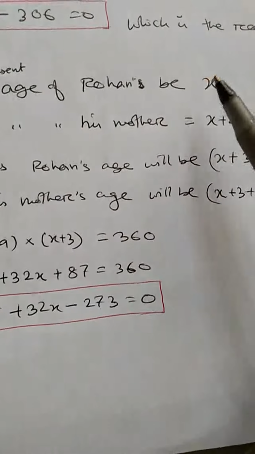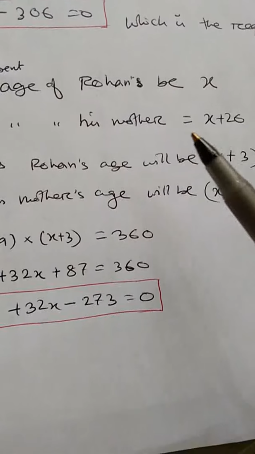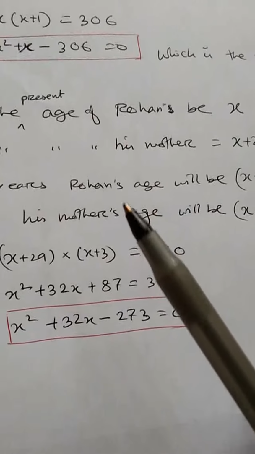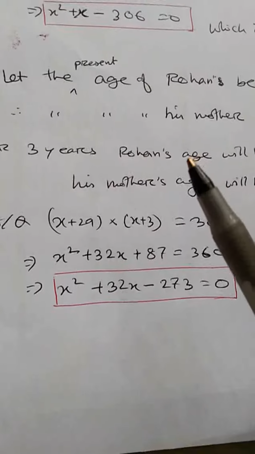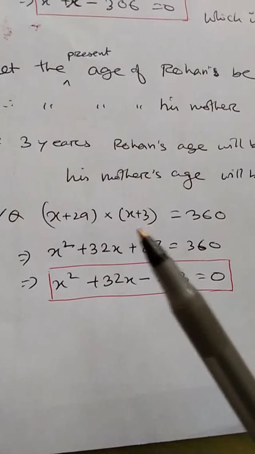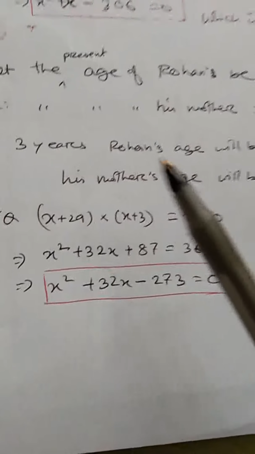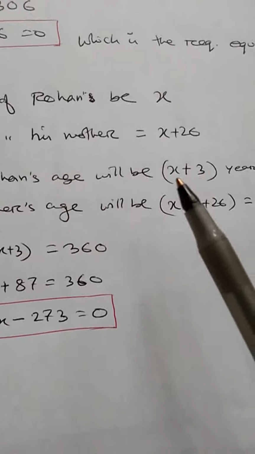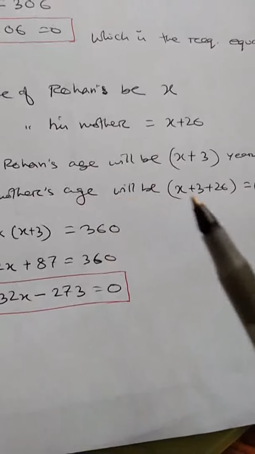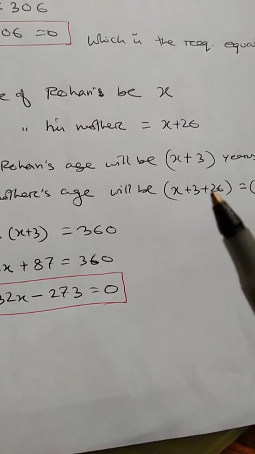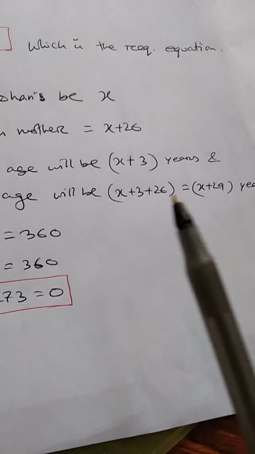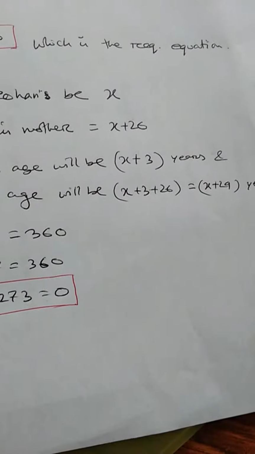So if Rohan's age is x, then his mother's age will be x plus 26. And it's given that product of their ages after 3 years will be 360. So after 3 years Rohan's age will be x plus 3, and his mother's age will be x plus 26 plus 3, so that becomes x plus 29.